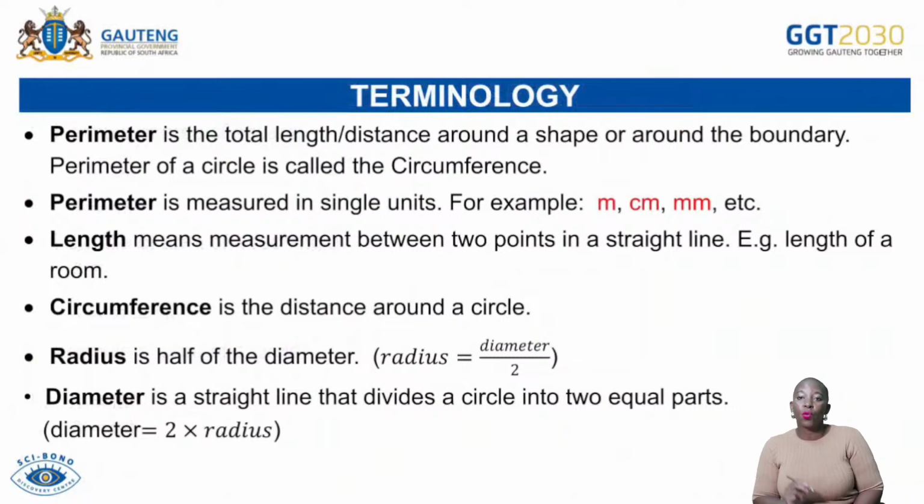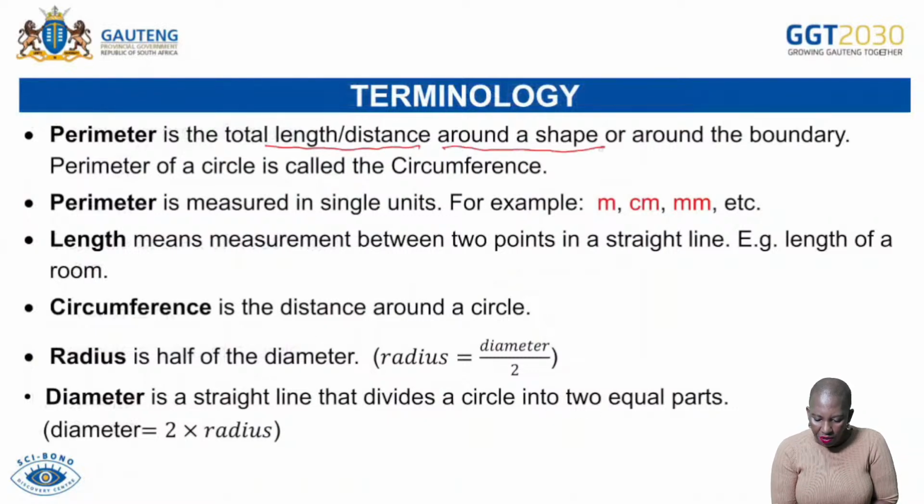Now let's find out what is perimeter. We say perimeter is the total length or distance around a shape or around the boundary. The total length. Now let's quickly have a look, you'll see when we do the next slide. On the next slide, let's say I'm covering this boundary.